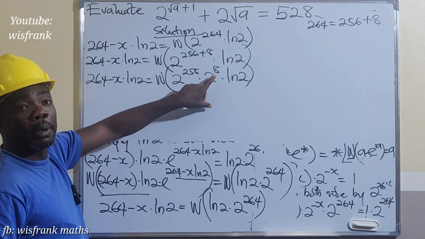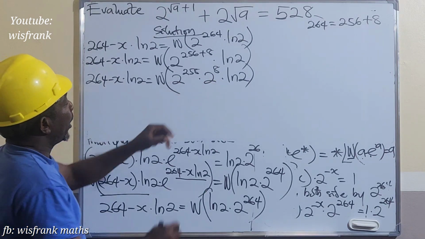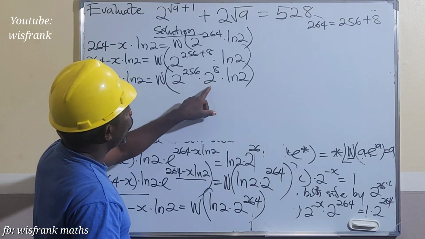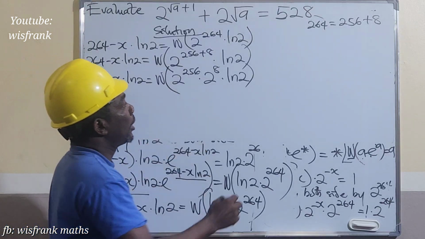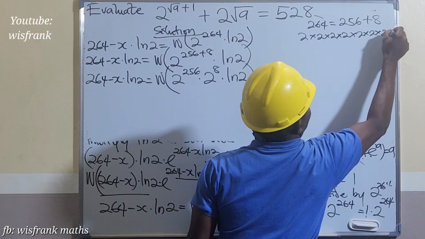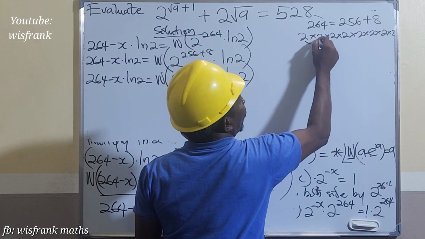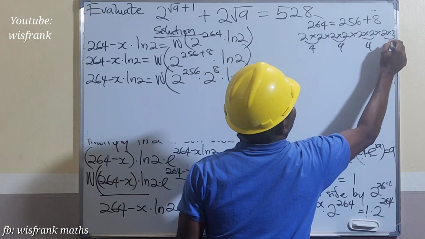So 2 to the power of 8 is the same thing as 256. Okay, here is 256, not 258. So 2 to the power of 8 is the same thing as 256. When we have 2 times 2 times 2 times 2, 1, 2, 3, 4, 5, 6, 7, 8, then we have here 4, here 4, and here 4.